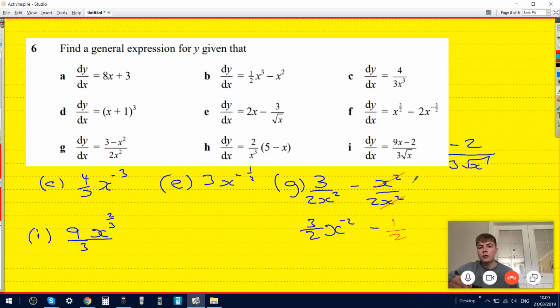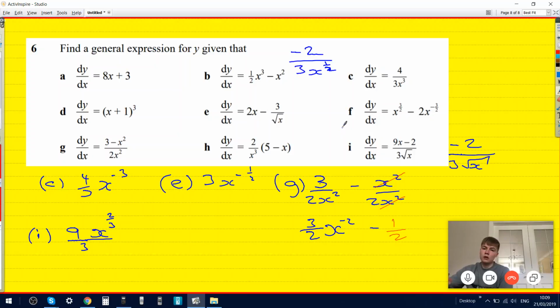So I don't know where to go from there. What is x root x the same as? X to a half. So that's the same as minus 2 over 3 x to the half. Could you go even more? Could you go to x to a third?